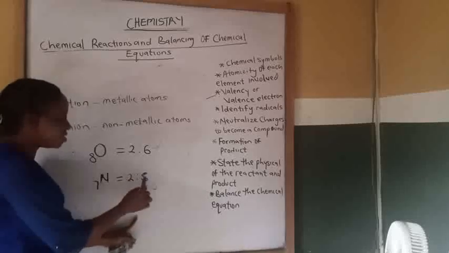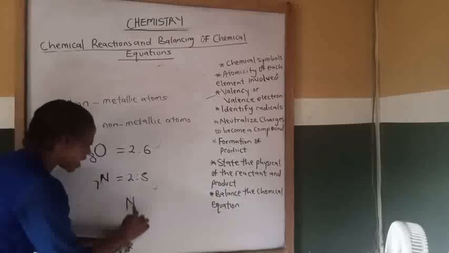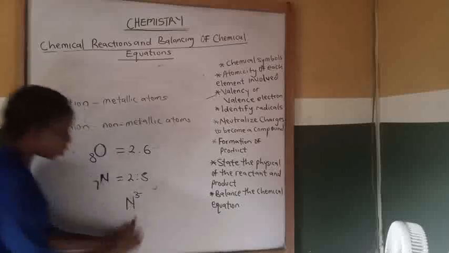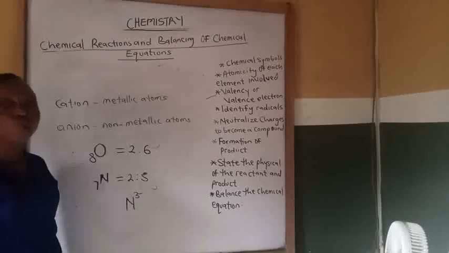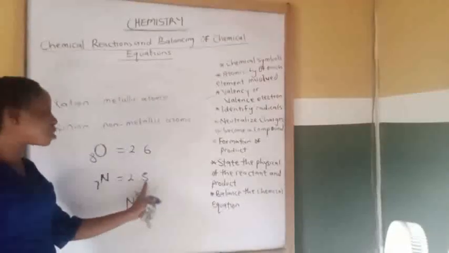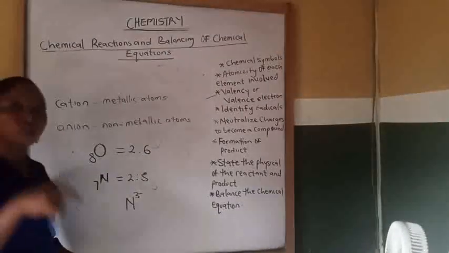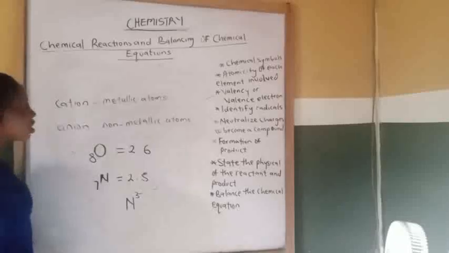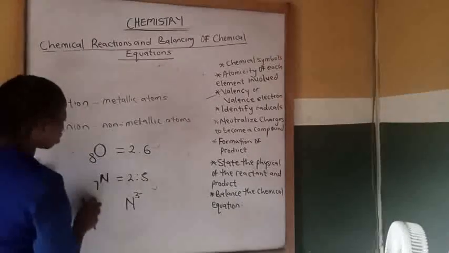Therefore, if I want to write the nitrogen ion, it will be 3 minus. You find it by the number of electrons needed to balance the octet. Octet means 8.